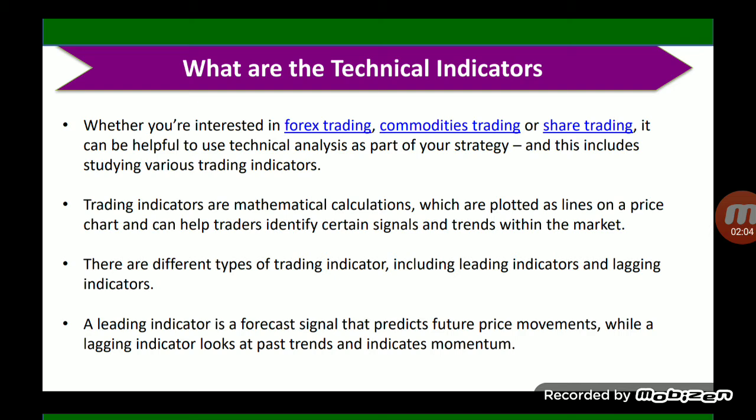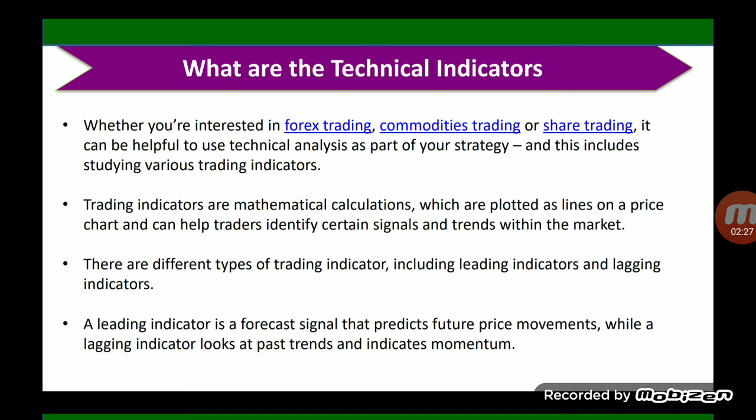There are different types of trading indicators, including leading indicators and lagging indicators. A leading indicator is a forecast signal that predicts future price movement, and a lagging indicator looks at past trends and indicates momentum.